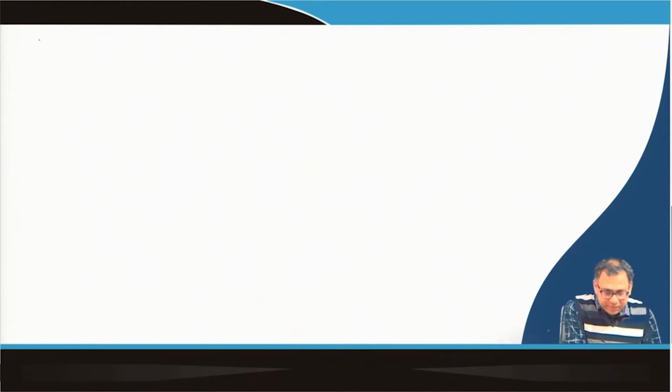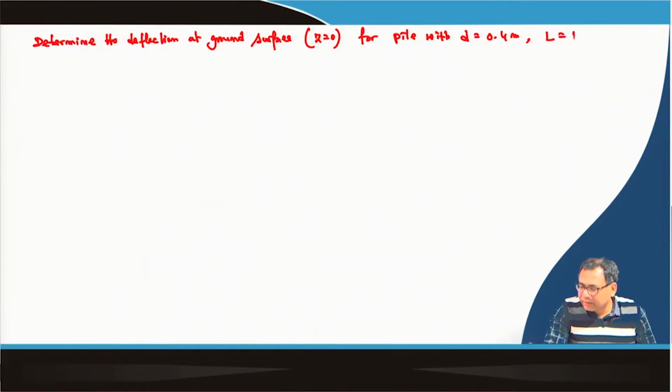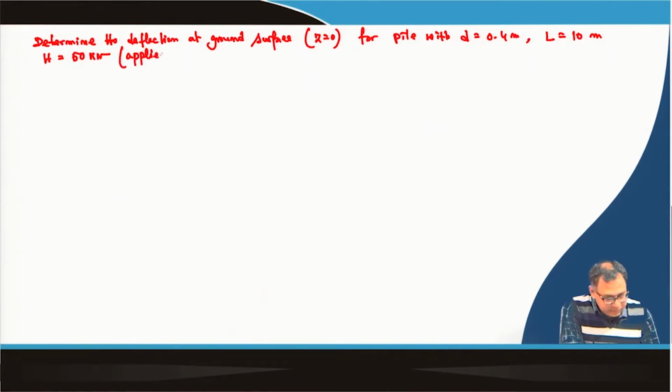Again the same problem I am taking: determine the deflection at the ground surface, that means z will be equal to 0, for a pile with d equal to 0.4 meter and L equal to 10 meter, because it is applicable for the long pile, and H is 50 kilonewton, which is applied at the ground surface.